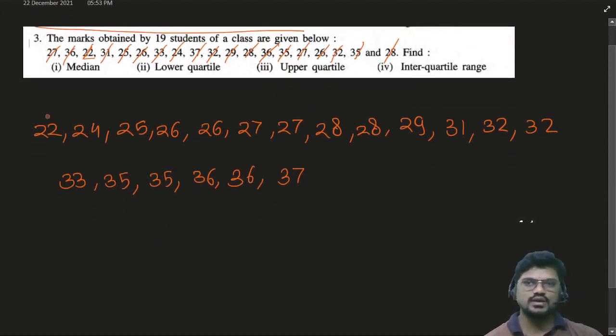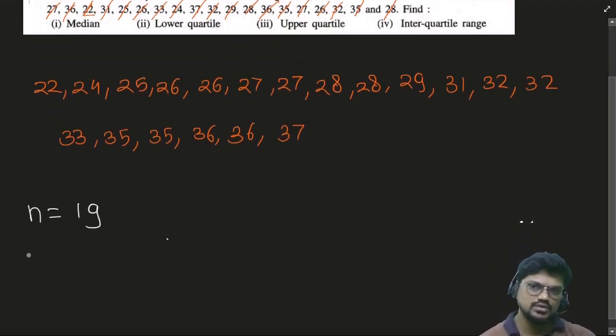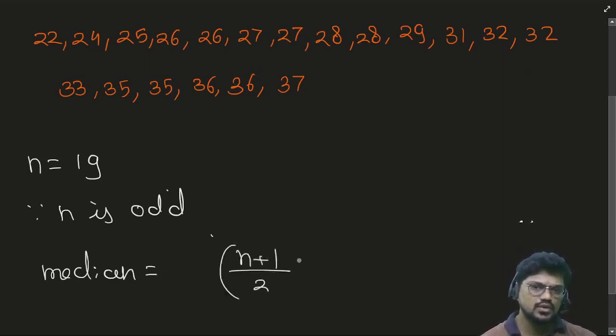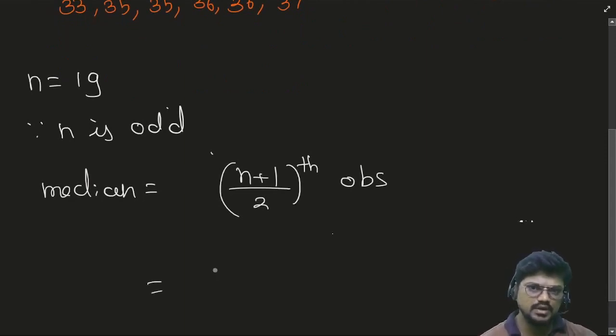Now since over here n equals 19, and n is odd, what will be your median? Your median will be (n plus 1) by 2th observation. So your median will be (19 plus 1) by 2th observation.